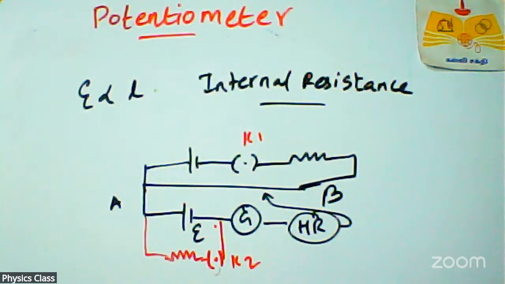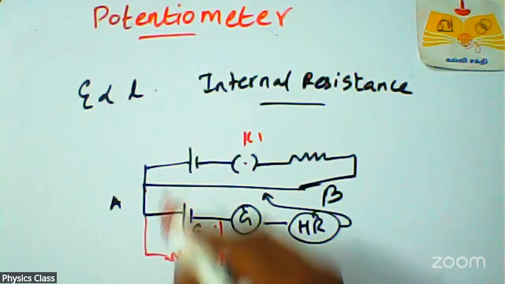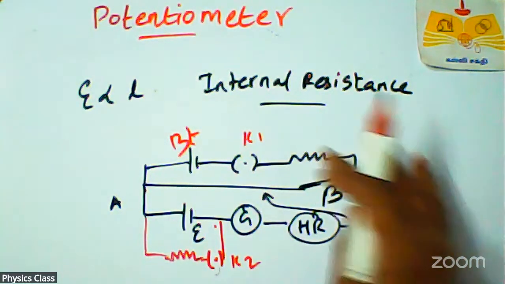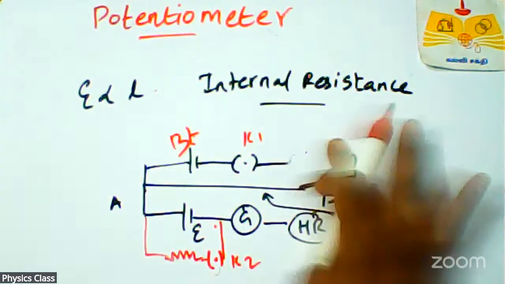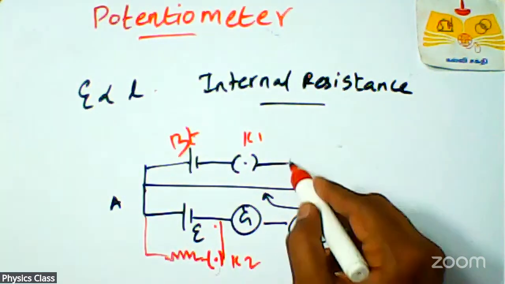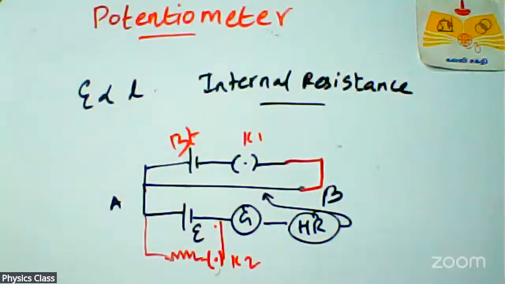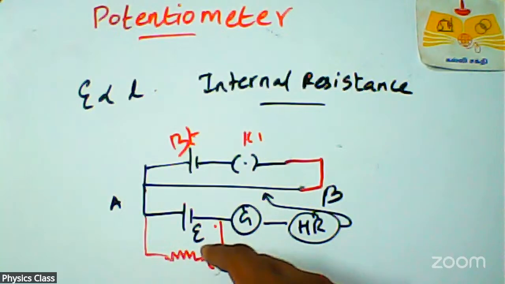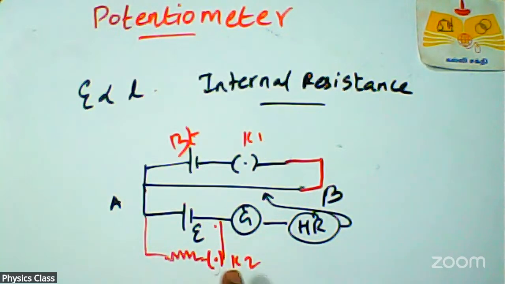Okay. This is the battery, this is the key. You don't need to connect the rheostat here, because the rheostat is not used in this scenario. And for the EMF, galvanometer and high resistance, parallel to the EMF there will be one resistance box R. Okay. For this, K2 should be connected.